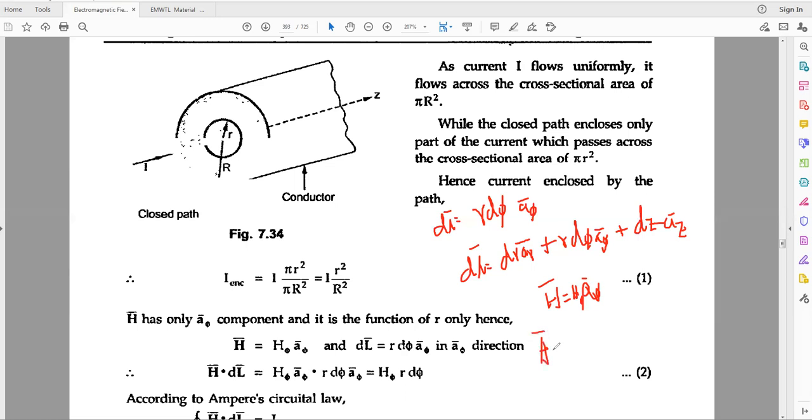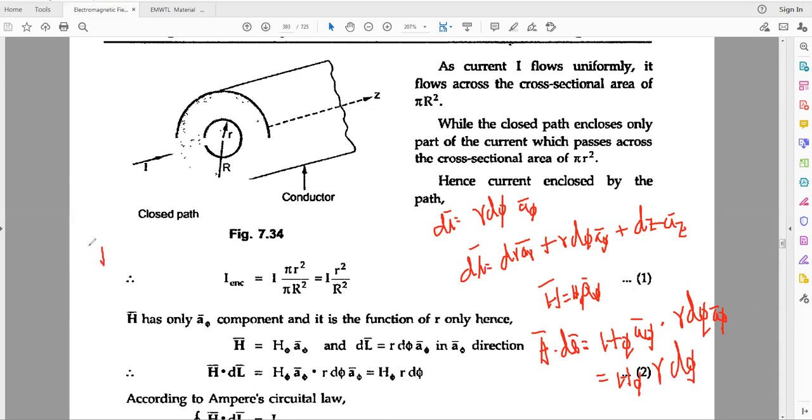According to Ampere's circuit law, I is equal to the integral of H bar dot dl bar. H bar is H phi into a phi bar, dot dl bar, and dl bar is r into d phi a phi bar. a phi bar dot a phi bar gives the value of 1, so we get H phi into r into d phi.